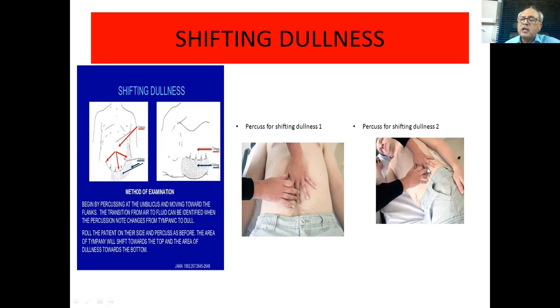It was initially dull because there was fluid in the abdomen. Now fluid has been shifted from this iliac fossa to the other one because of the change of position, and now there is no fluid. Now the resonant note you can appreciate. So this change of the note from dull to resonant, we call shifting dullness.